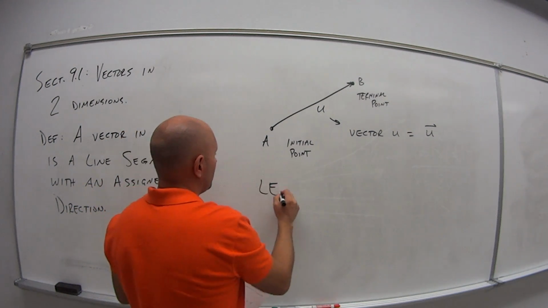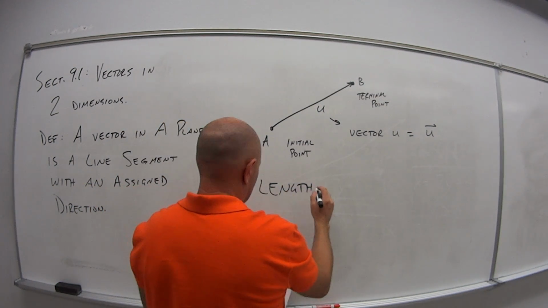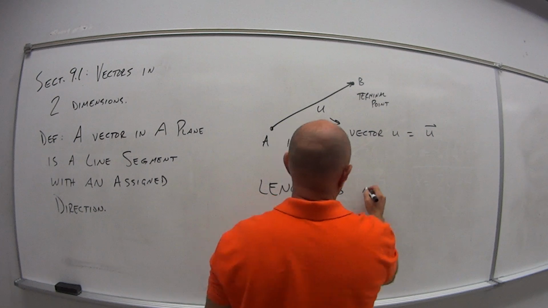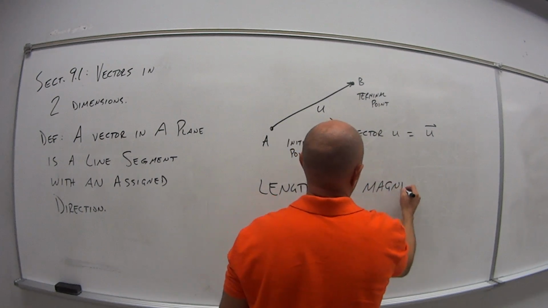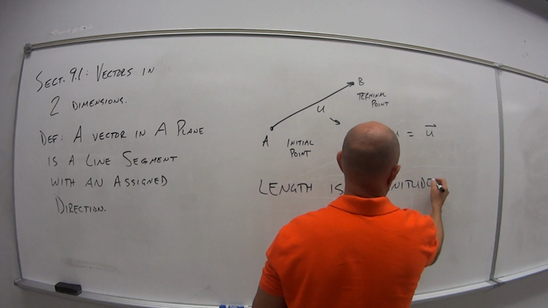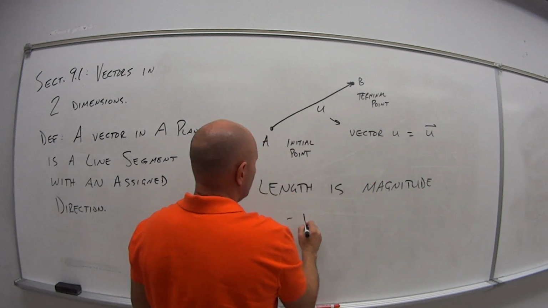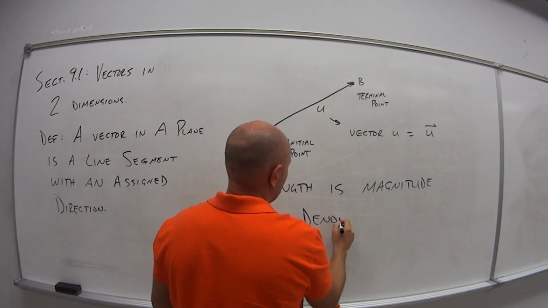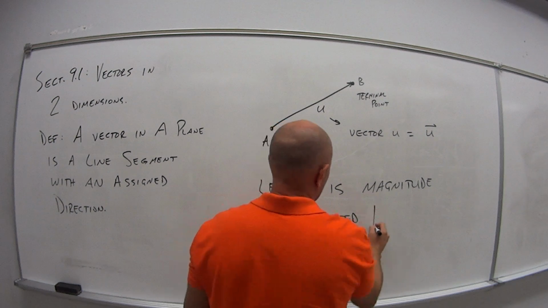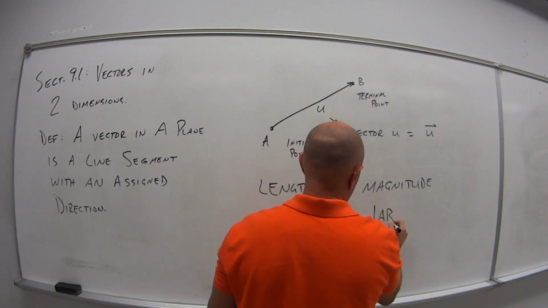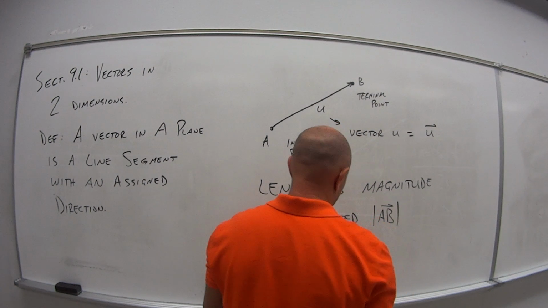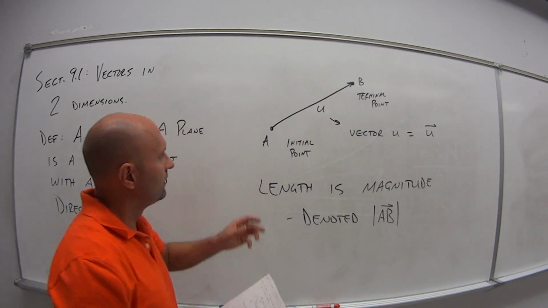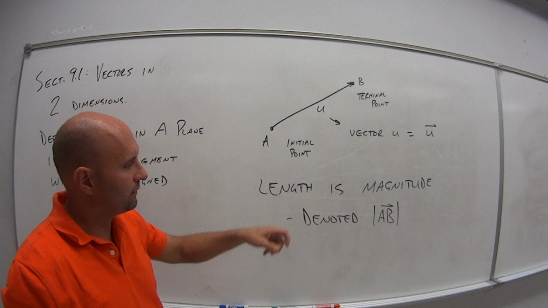The length is called magnitude. This is denoted as the initial point, terminal point with the little arrow.